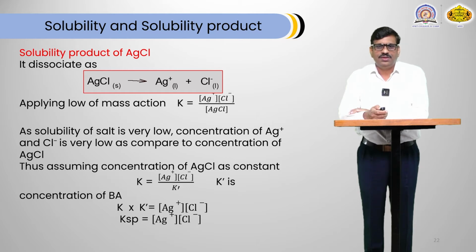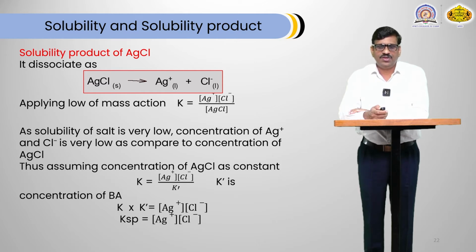As we know that it is a sparingly soluble salt, it dissociates only partially, and the concentration of Ag plus as well as the concentration of Cl minus is very small as compared to the concentration of AgCl.